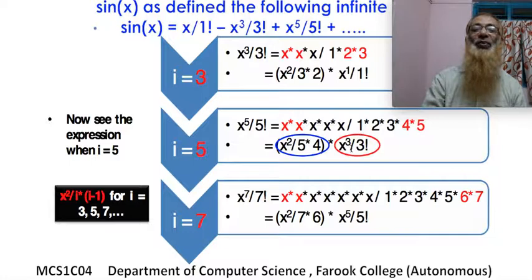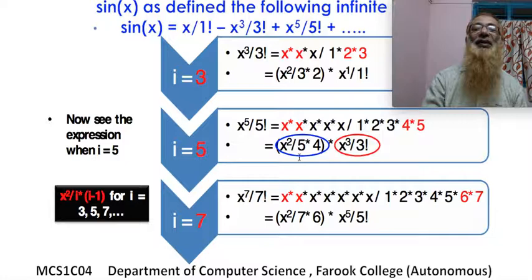Take this term now, x cubed by 3 factorial. This x cubed by 3 factorial we have seen elsewhere. Watch the previous term. When the value of I was 3, we get x cubed by 3 factorial. See, when the value of I is 5, this term is generated from the previous term.